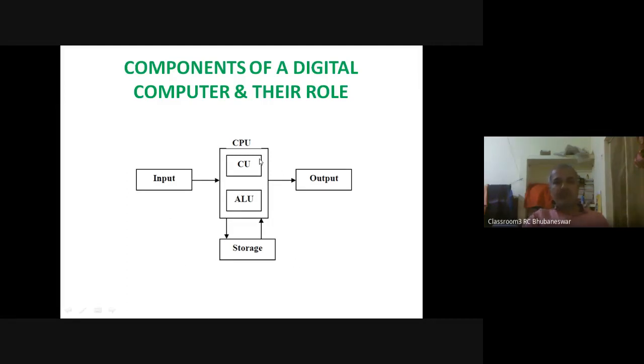It takes the data from the input unit and gives it to the ALU for processing. After processing, it gives the result to the output unit. So the control unit coordinates all the activities in the computer.